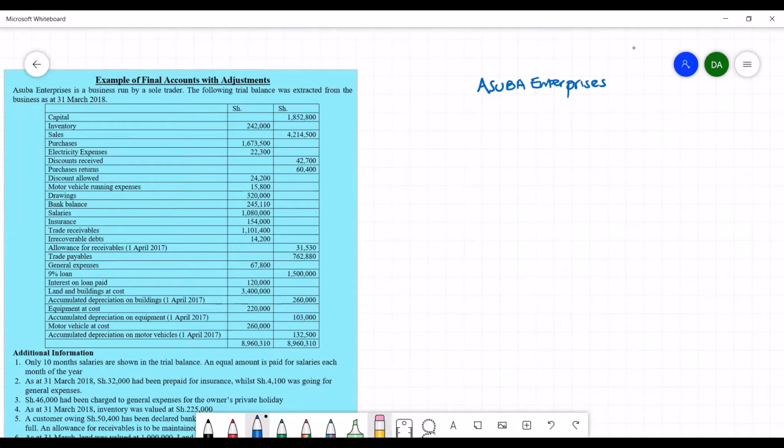The statement of financial position as at 31st March 2018.